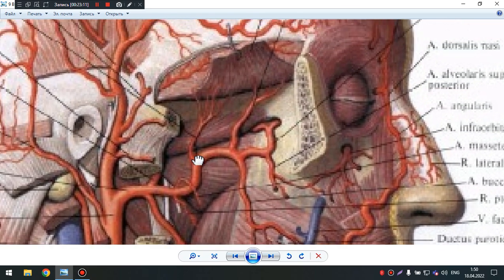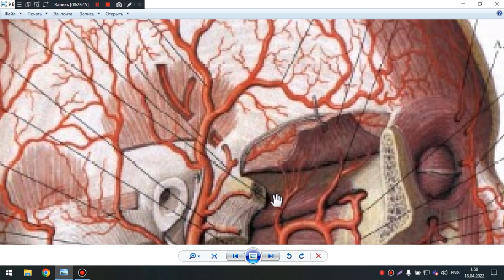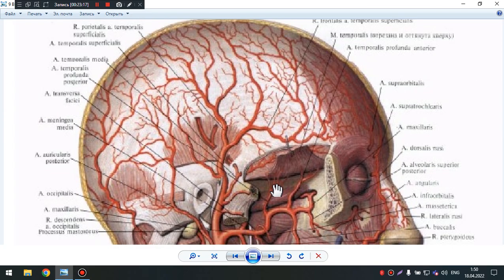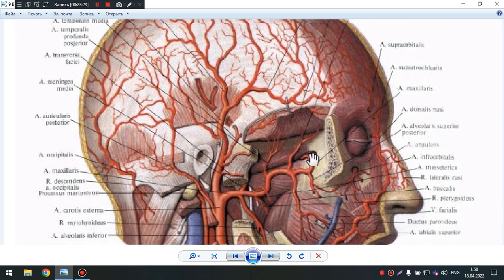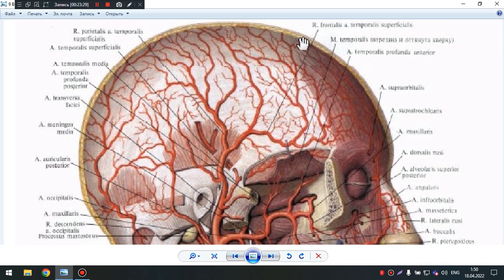We can see the superficial temporal, middle or deep temporal branches, infraorbital artery, buccal artery. On the temporal region of the head, we can see the superficial temporal artery.